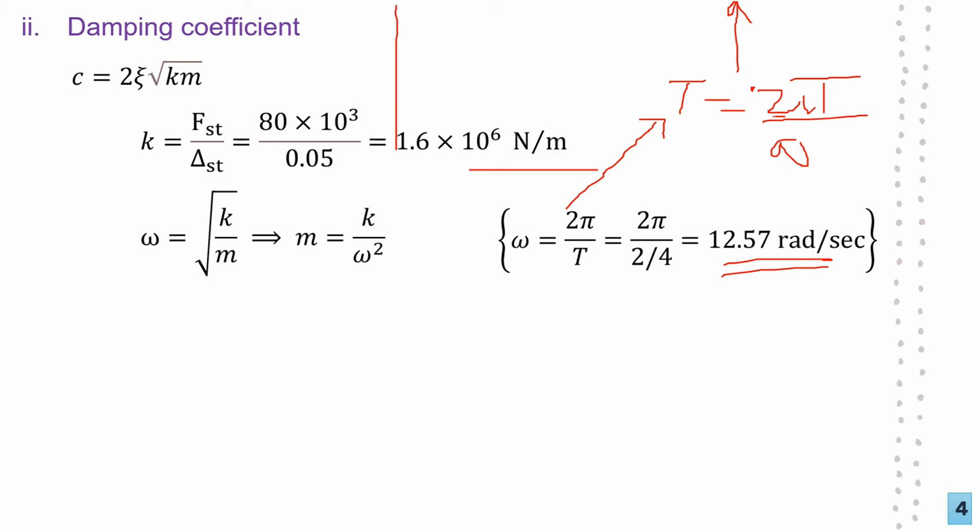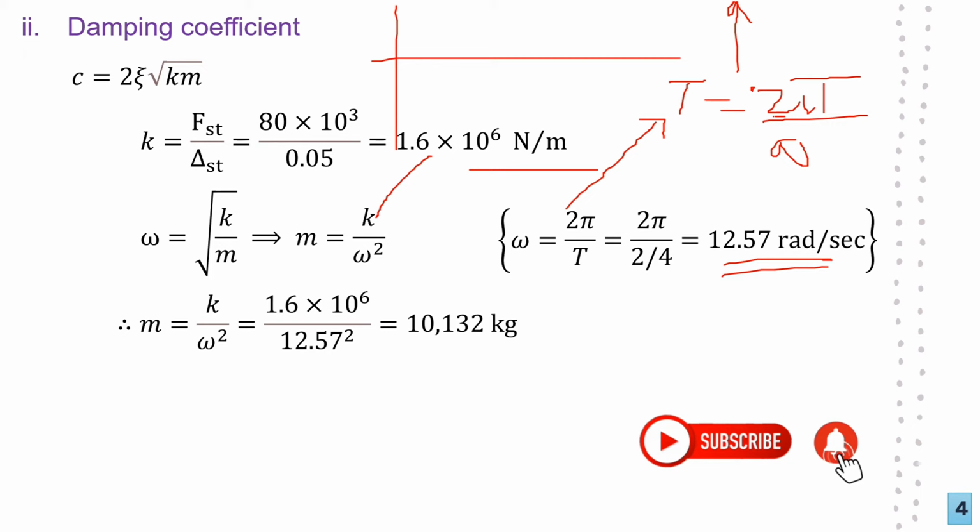A period is the time for 1 cycle. So if for 4 cycles the time is 2 seconds, what is it for 1 cycle? That's why it is 2 divided by 4, 0.5 seconds. So with that, we have the circular frequency, and we have the stiffness. You just need to plug in the values, and you get the mass as 10.132.